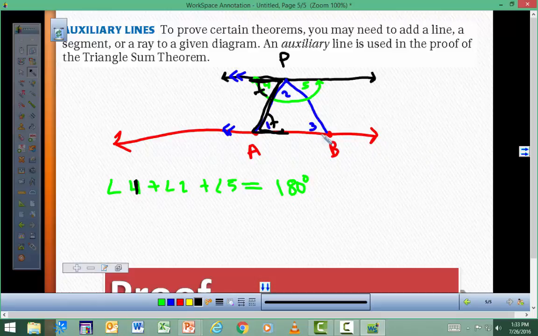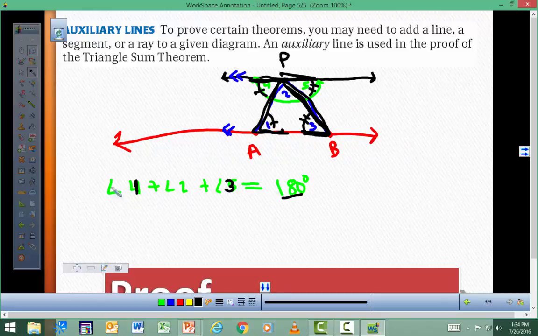And you'll notice that there's a zigzag pattern over here as well. There's a zigzag right here. I should have done it in a different color, and I'm not that great with my pen, as you can see. But what it means is that this angle here is congruent to this angle up here. And what that means is we could replace angle 5 with angle 3. And there you have it. The three angles in a triangle all of a sudden equal 180. And that's really all there is to the proof.